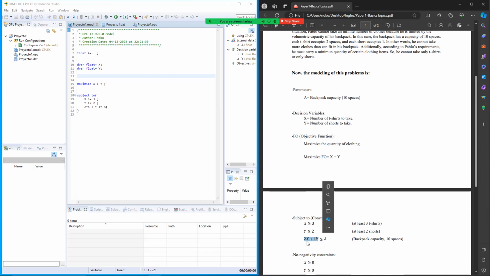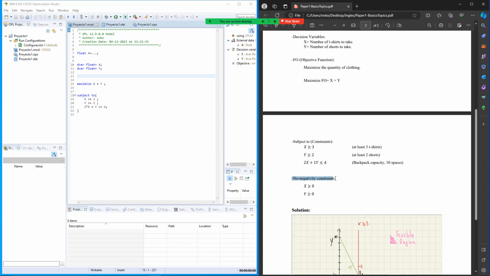For that, the sum of these 2 variables needs to be less than or equal to the backpack capacity. And this capacity is 10 spaces. In this model it is represented by the letter A.